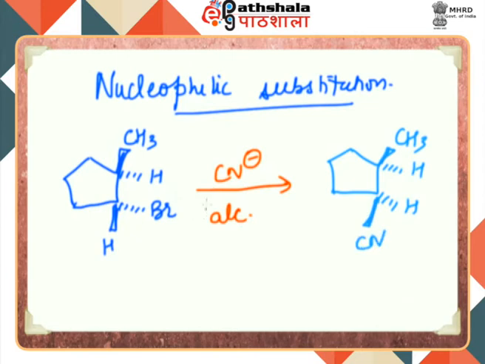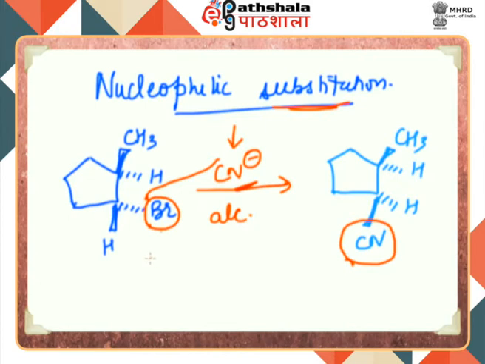Now you can easily notice that this particular cyanide ion has replaced this Br and in turn the CN comes here. So this is clearly a substitution reaction, and because of this cyanide ion acting as a nucleophile, this is a nucleophilic substitution.